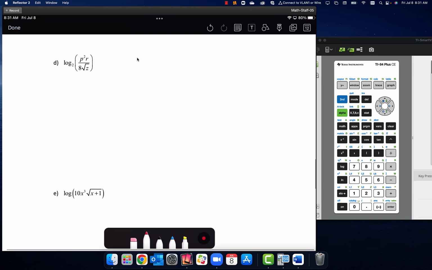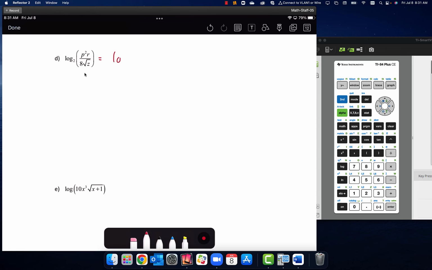In the next one, again, we have multiple things happening. Let's take care of the quotient first. This is log base 2 of p squared r minus log base 2 of 8 square root of z. In this first section, we have a product and a power.